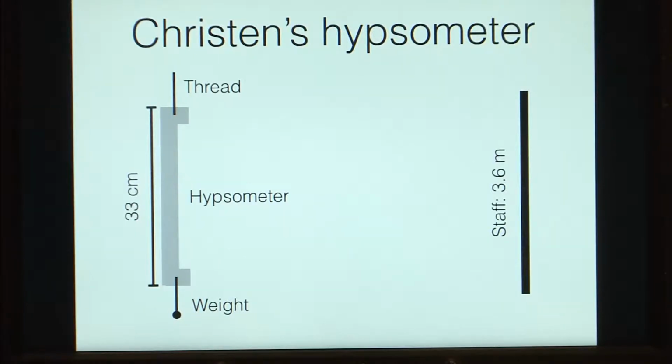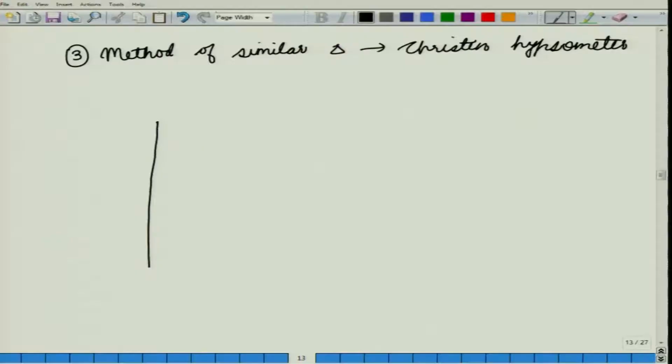The instrument is in the form of a strip with two flanges. So, suppose this is your instrument made out of cardboard. On this side you will mark the scales, so you can take measurements from this side.